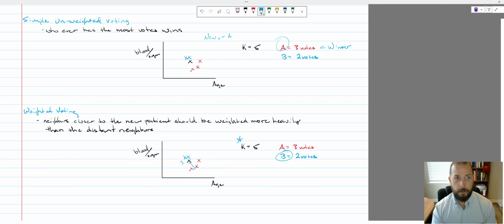So these are two ways that K nearest neighbors utilizes neighbors for weighting. Oftentimes, we'll have to look at the actual function within our statistical modeling programming language to determine which models use either simple unweighted or weighted voting as their default parameters.